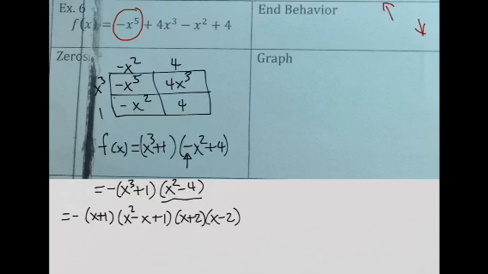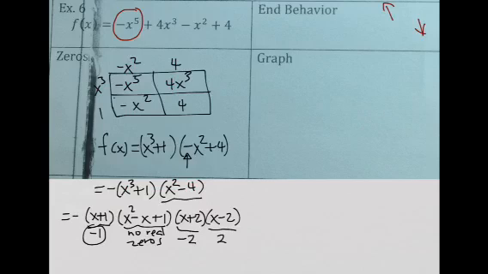Okay, so the zeros here are negative 1, here it's negative 2, and here it's positive 2. This one here gives you no real zeros, right? Okay, and notice how all of them, the exponent right here is 1. So they all have a multiplicity of 1.